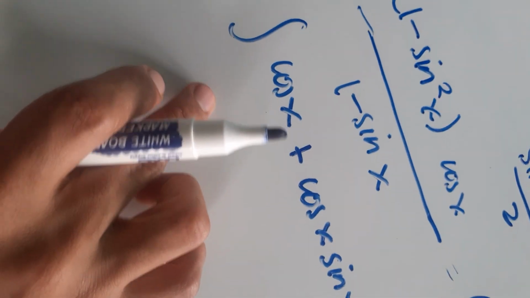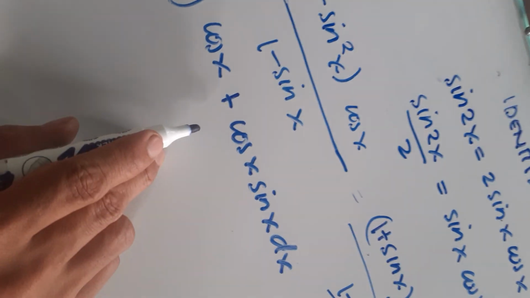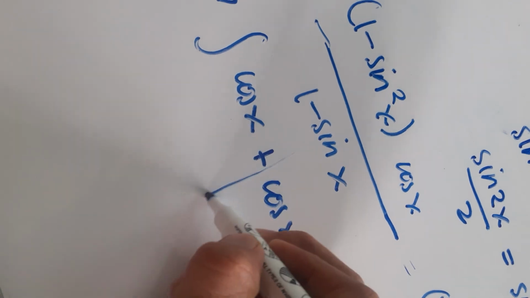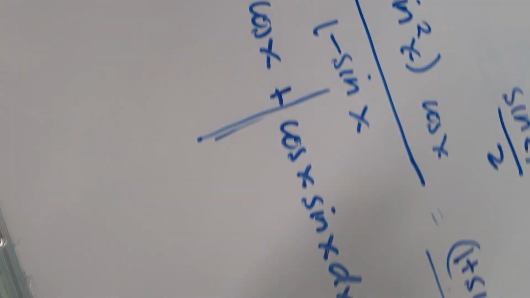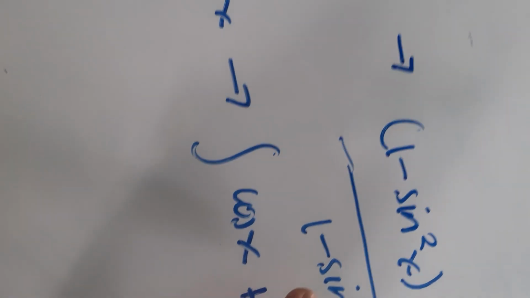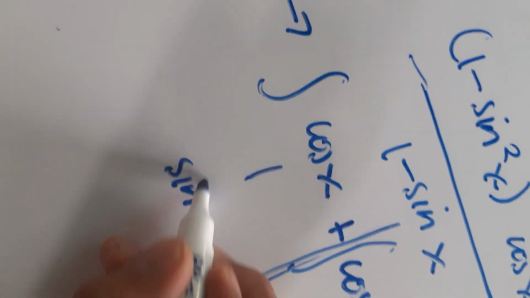Now we can separate this into two integrals so we can solve it easier. We separate these two terms. Simply, the integral of cos x is sine x.